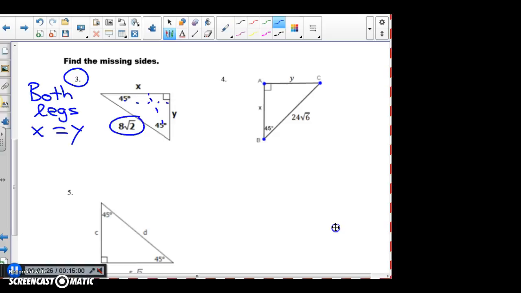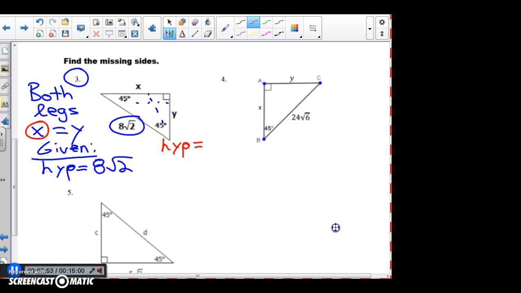Looking right here, I'm given that my hypotenuse is equal to 8 square root 2. The only thing I have to work with on a 45, 45, 90 is that the hypotenuse is equal to my leg, whichever one.